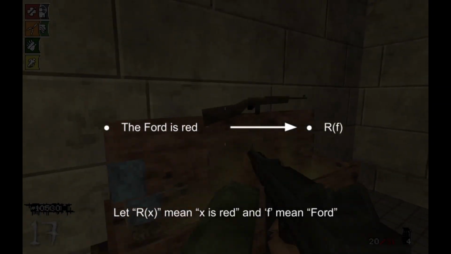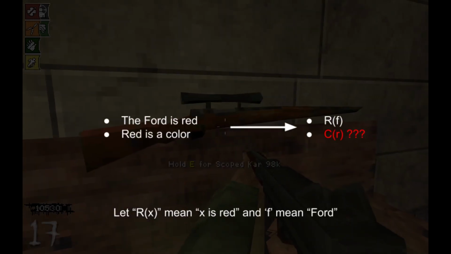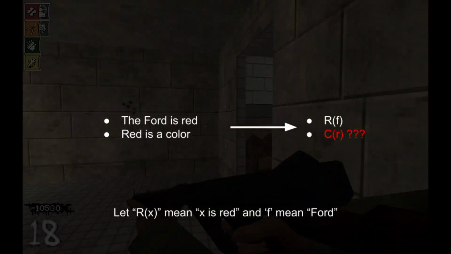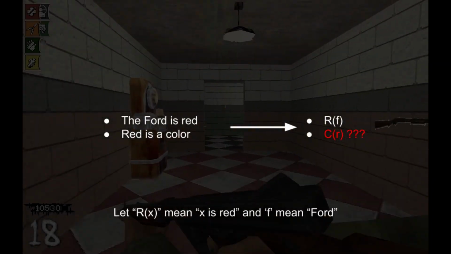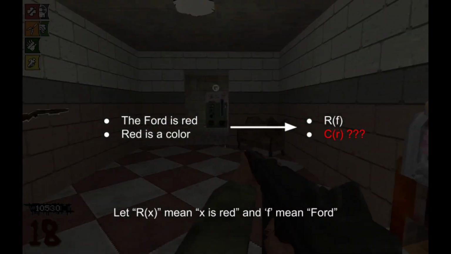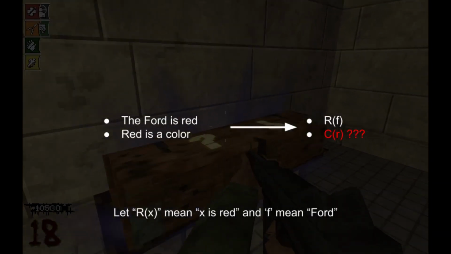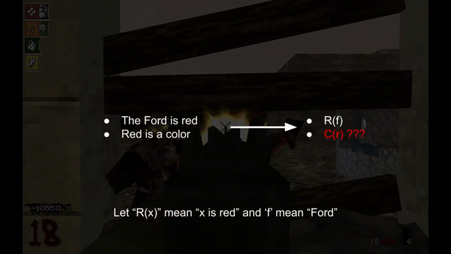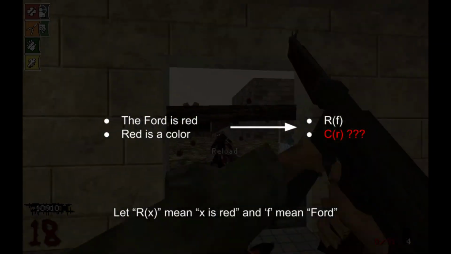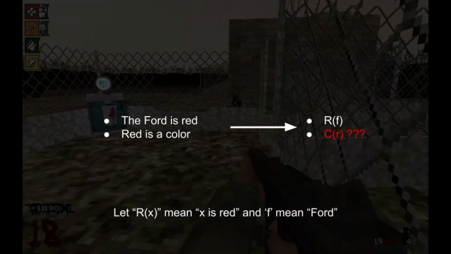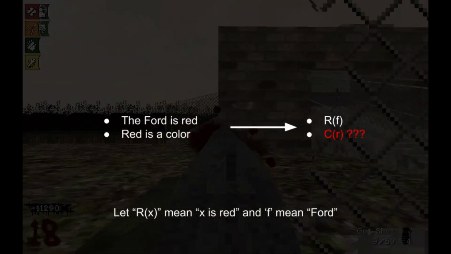But let's say you wanted to say that red is a color and the Ford is red. Well, that doesn't make too much sense because if you try to use first order logic, you're going to have to say that R is an object. But that means you would have to equivocate on R, meaning that in the statements the Ford is red and red is a color, you're actually equivocating on the term red, which doesn't seem to make much sense intuitively at all.